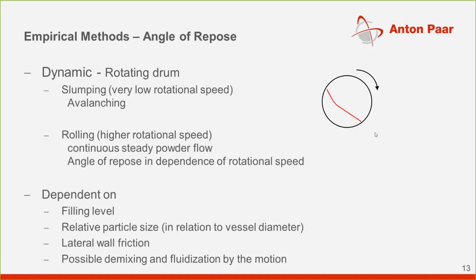What is quite an issue as well is the lateral wall friction, because that can quite strongly influence the avalanching. And since we're rotating here, there's also the issue of possible demixing in the sample, and the powder might be fluidized. So depending on the application, this might be very useful. This might be a bit tricky.